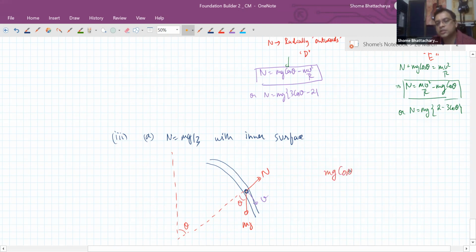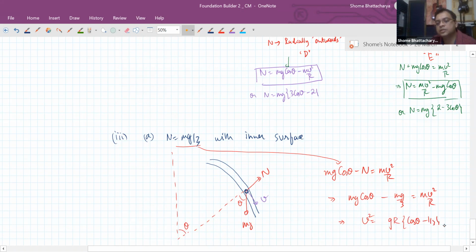mg cos theta minus N should be equal to mv square by r. So now this condition: mg cos theta minus mg by 3 should be mv square by r. So v square should be equal to gr into (cos theta minus 1 by 3).